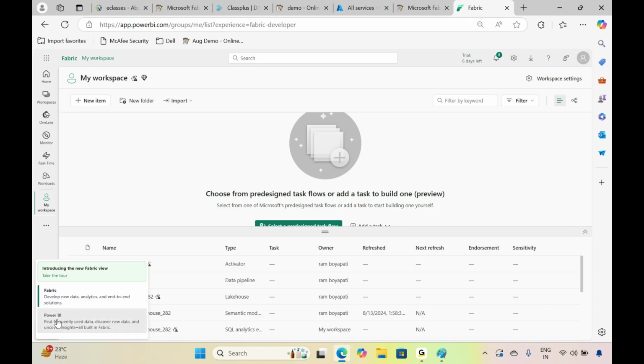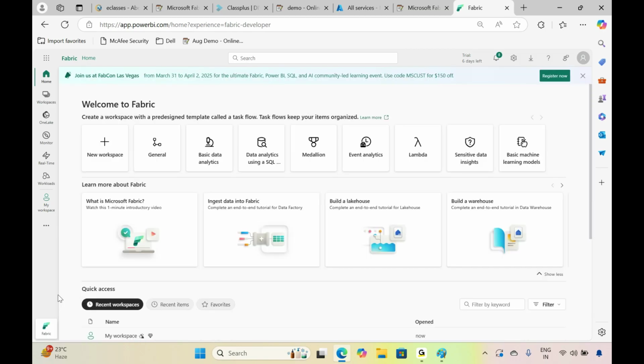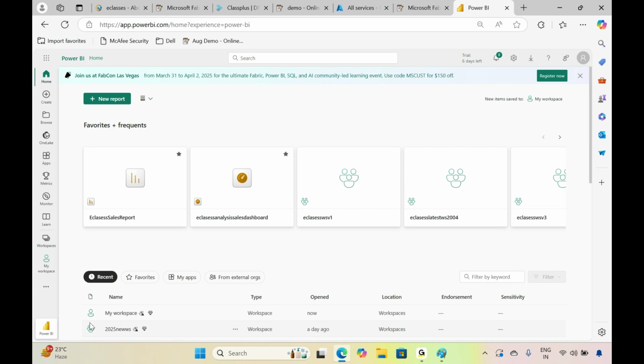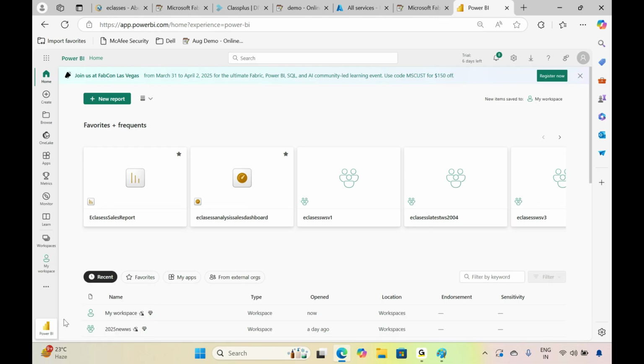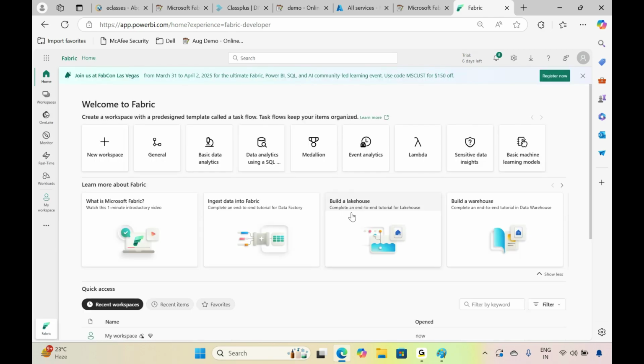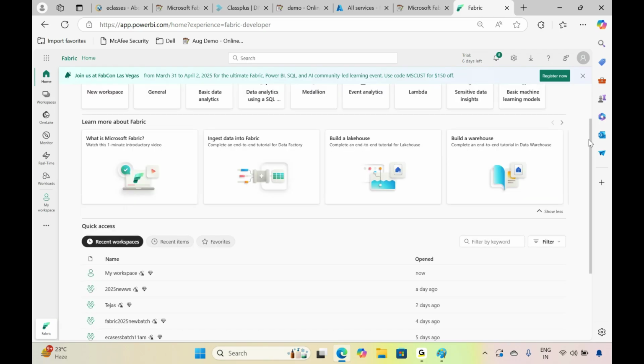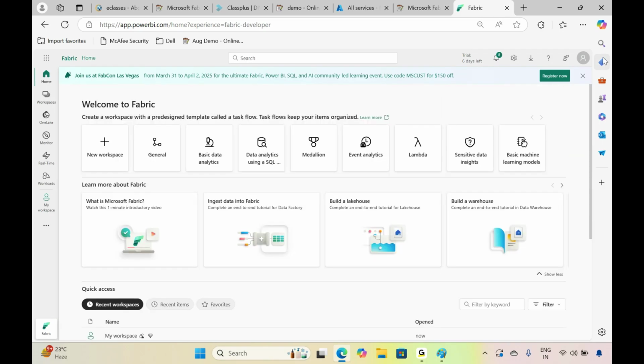Here you can see there is a Power BI, there is a Fabric, all those things you are able to see. Here it is a Power BI. So inside this portal, you can see all the Power BI related softwares and also all the Fabric related softwares as well. These are all the Fabric related softwares you can find over here.